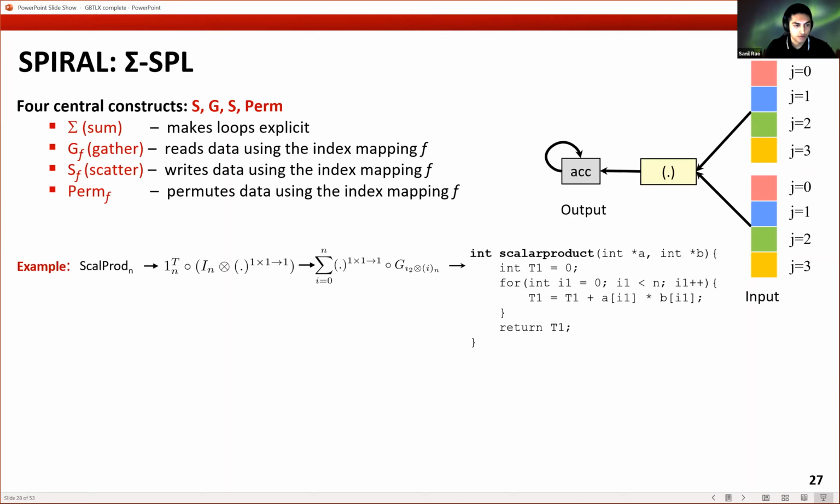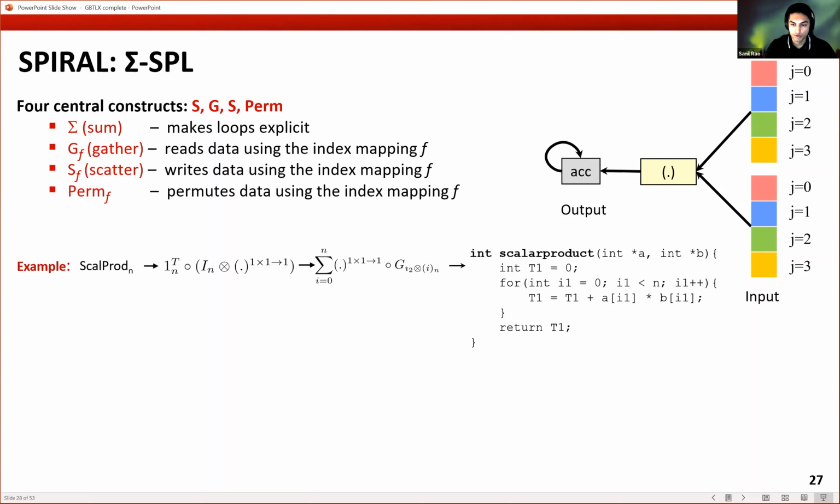And then this is shown in sigma SPL with our gather and sum constructs. So now we're using our gather to take an element from each of the two vectors that we're performing the scalar product on, and we compose that with our pointwise multiplication, and then we sum over all the elements in the two vectors to do the accumulation and get our result.